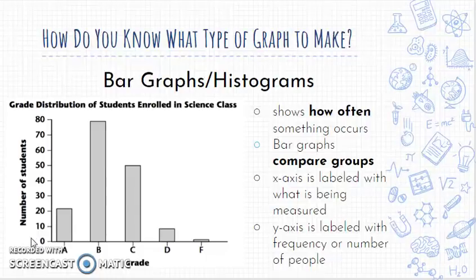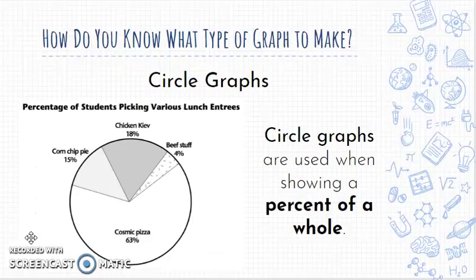This is different from a circle graph because when we're using a circle graph, we're showing a percent of a whole. So when we're showing a percent of a whole, oftentimes our key or our tip is going to be that we see a percent sign. You're not always going to be making a circle graph if you see a percent sign. Sometimes you're comparing, but if all of your percents add up to 100%, then you are likely showing a percent of a whole.